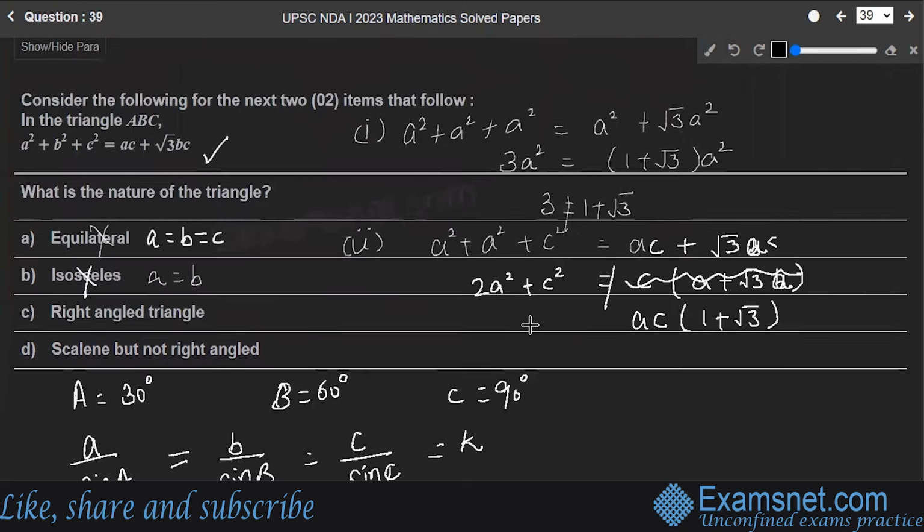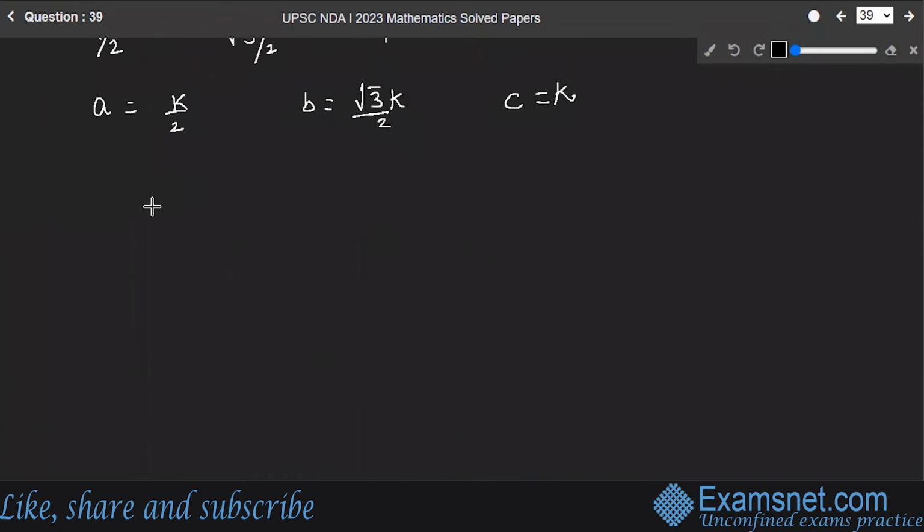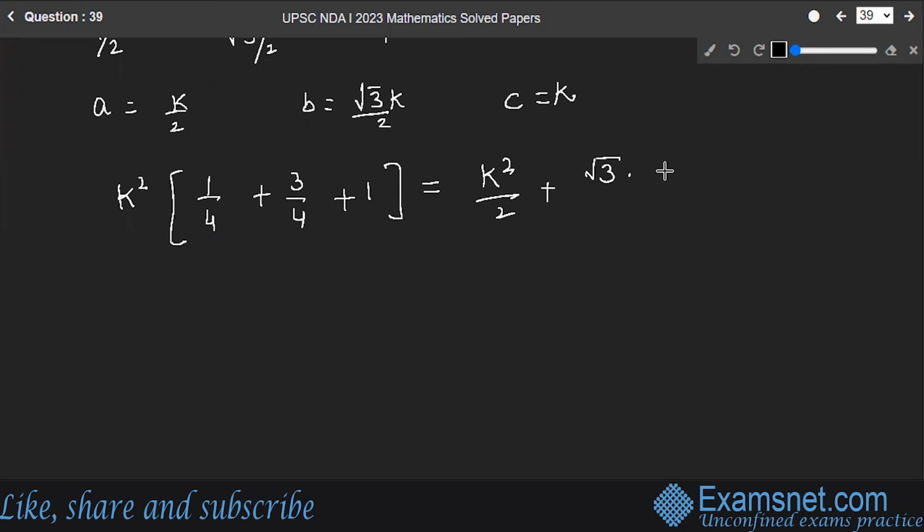Now let's fill in over here in the given statement. A squared plus B squared plus C squared makes it K square taken common, 1 by 4 plus 3 by 4 plus 1, is equal to AC into 1 by 2 plus root 3 into BC, which is equal to K square by 2 plus root 3 by 2 into K into root 3 K by 2.